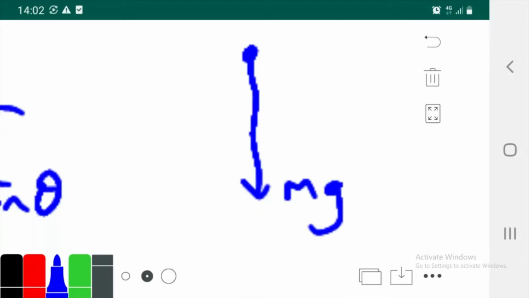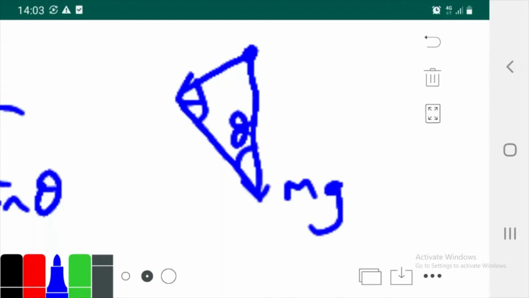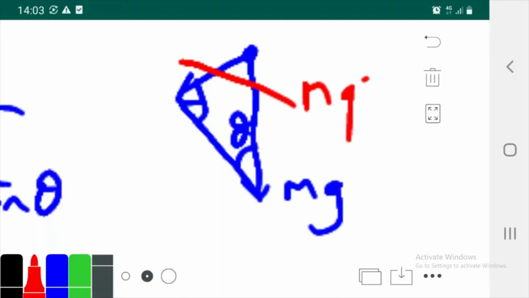As the pendulum goes to the furthest right position, or its furthest positive displacement, all of its weight is going to be wanting to pull it back in this direction. Right, I'm going to resolve that vector. That's a right angle. This angle will be theta. So the force pulling it back here is mg sine theta. Okay, using simple trig, that's the force pulling it back.